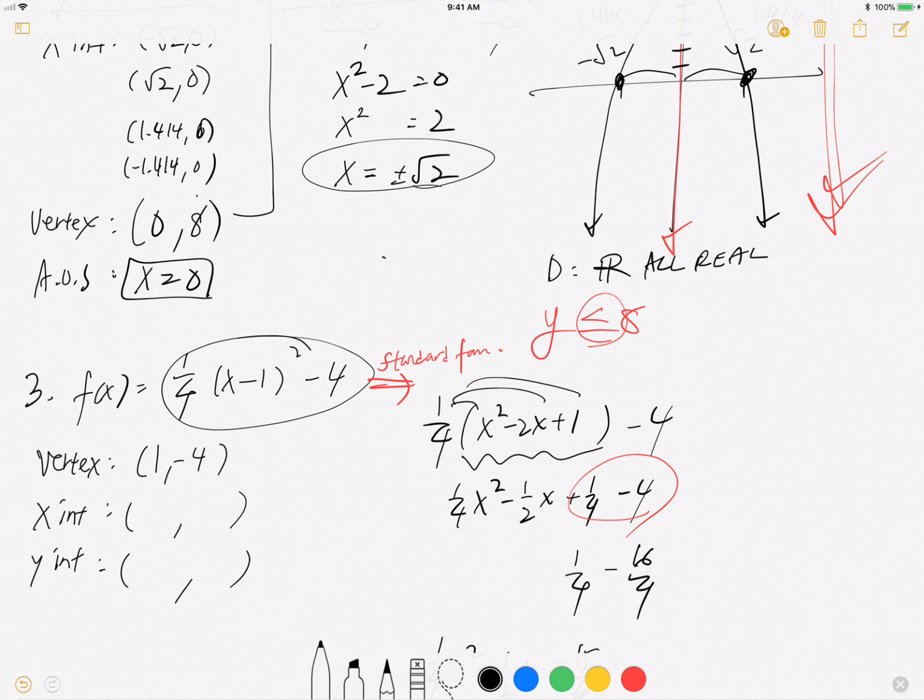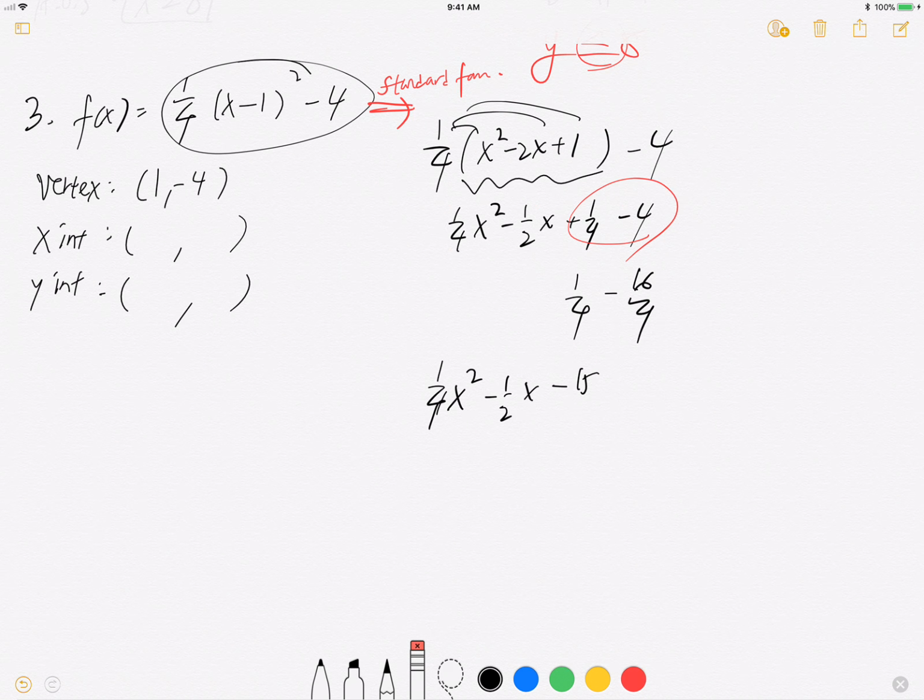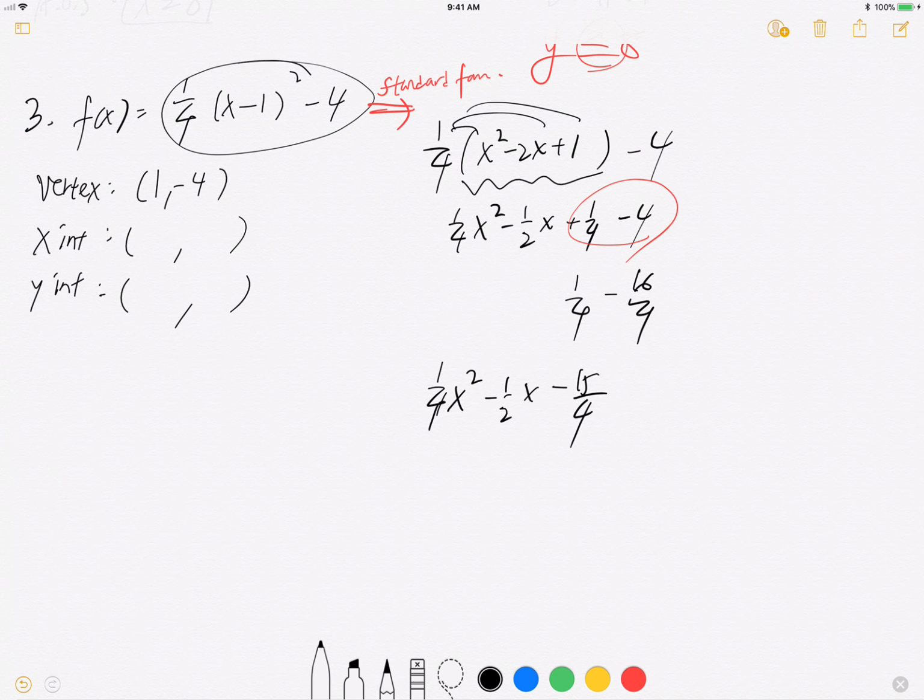That's not a 6, by the way, that's a 4. So this is negative 15 over 4. Then I know my y-intercept is 0, negative 15 over 4, or approximately negative 3.75.